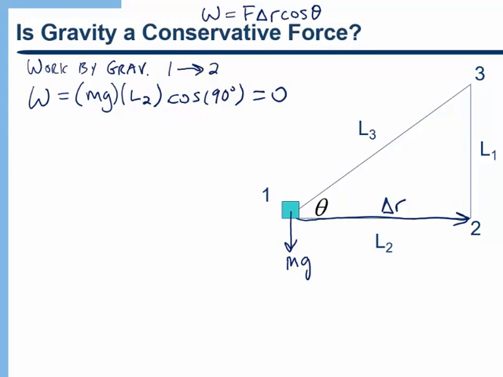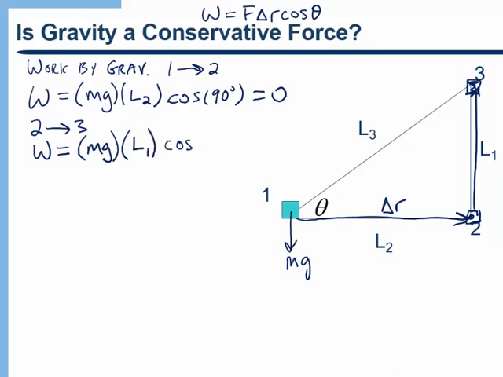Now let's calculate the work in going from position 2 to position 3. So now we're going to take our box and see how much work gravity does as we move it up to here. So again, work is the magnitude of the force, mg, times the magnitude of the displacement, that's L1.